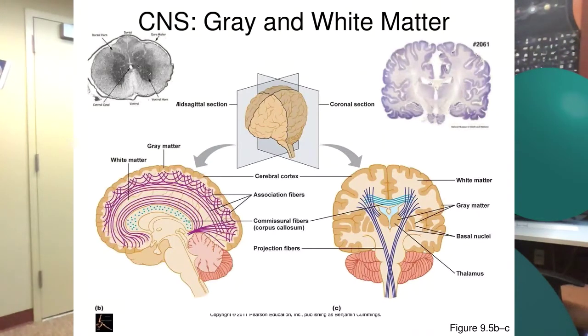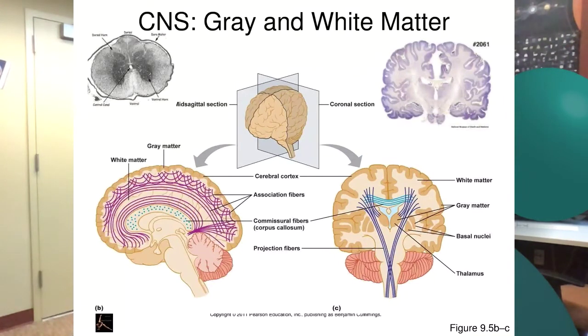It's coming from the spinal cord up to the cerebrum and vice versa. And it's also going from one side of the cerebrum to the other side. So a lot of connections that are going on there. Okay, those are referred to as projection fibers. Sometimes they're referred to as association fibers. So we might hear that later.